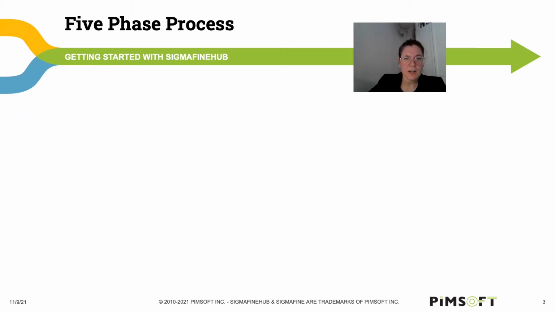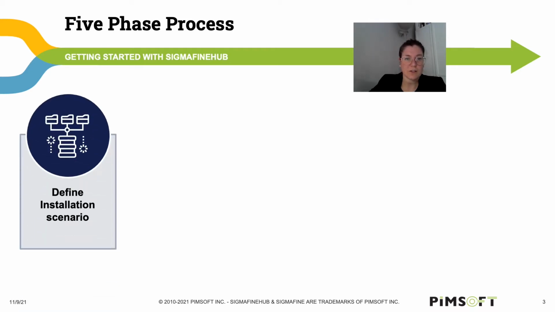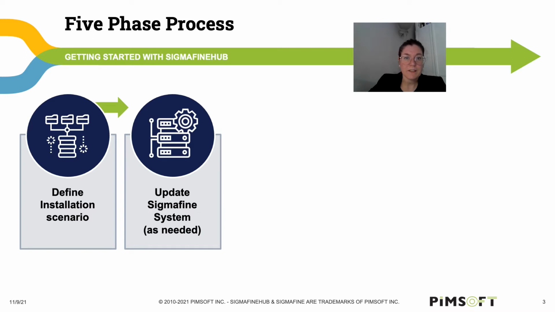Here is the sequence of actions that getting started with Sigmafine Hub requires. First, define the installation scenario. In other words, define the architecture of the new Sigmafine Hub system. Second, update the Sigmafine system as needed. According to the system requirements, it may be necessary to upgrade the Sigmafine Server version.